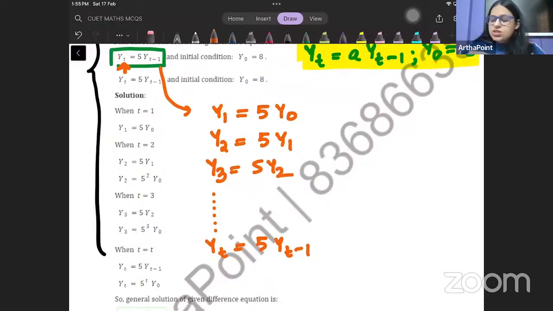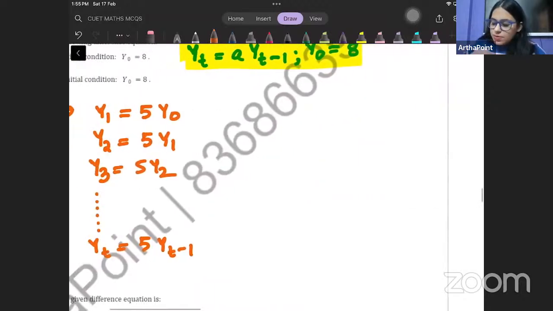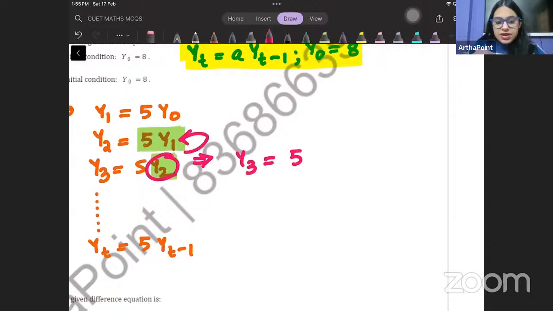Now, just try to see what happens if I somehow substitute. जैसे अगर मुझे पता है यहाँ पे y2 की जगह पे I can write 5y1. So this will mean that y3 is equal to 5 y2, and in place of y2 if I plug this value, I will get 5 into 5y1.